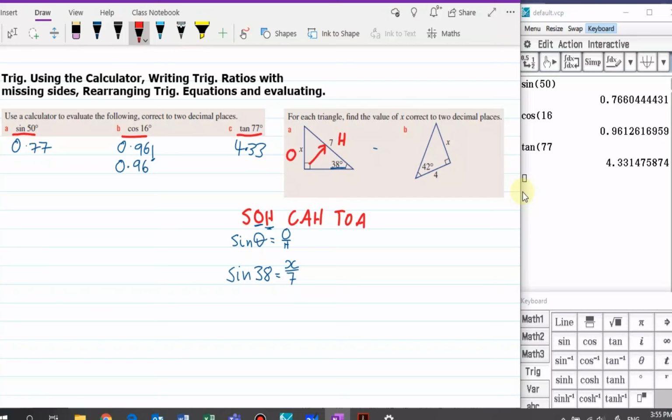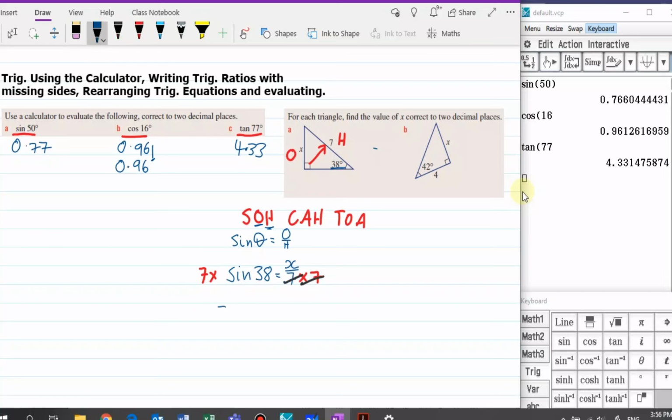What's happening to x? It's being divided by 7. The opposite of dividing by 7 is to times it, and do the same to this side. So to flip 7 to the other side, it's got to be doing the opposite thing. Now we can cancel each other out, and rewrite our equation.